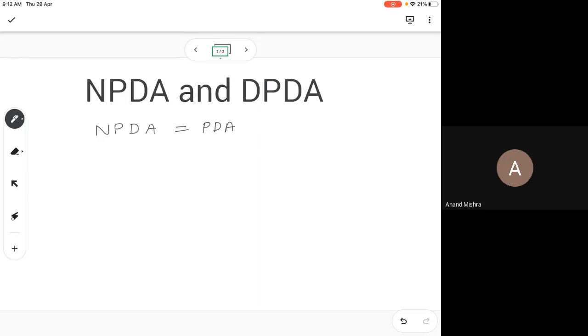But what then is DPDA? DPDA means deterministic PDA. So there is some difference. The only difference is in the transition.